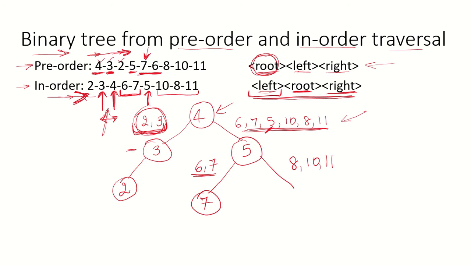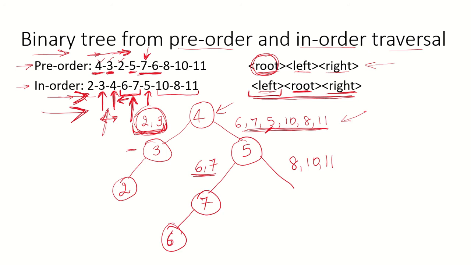Now is 6 towards the left of 7, or is it the right subtree of 7? To check that, again we traverse the in-order traversal, find the root element 7, and we see that 6 is on the left hand side of 7. So that means 6 is the left child of 7.